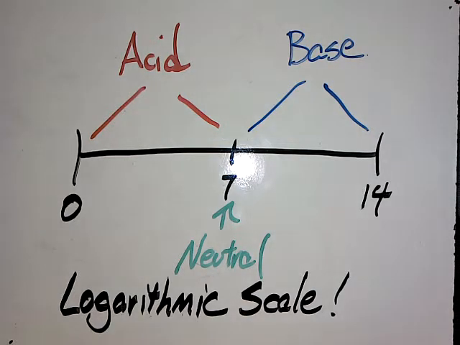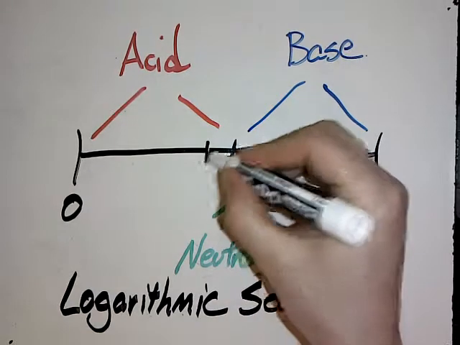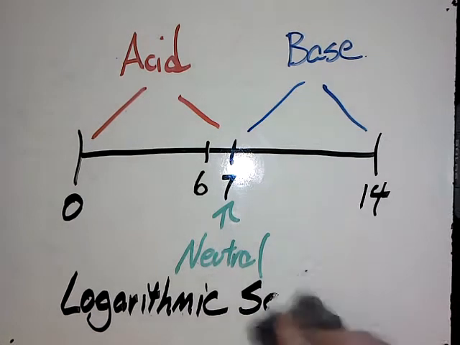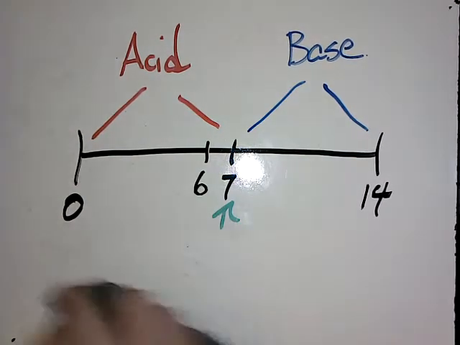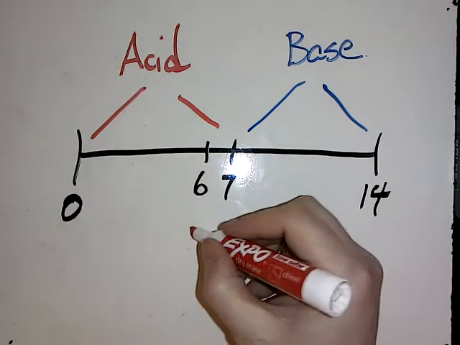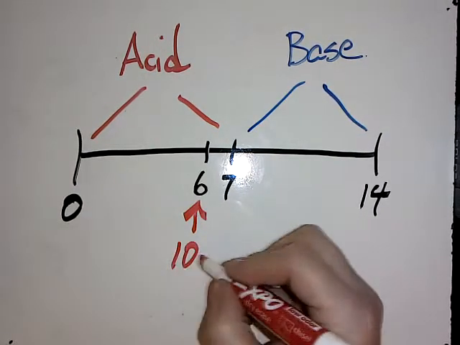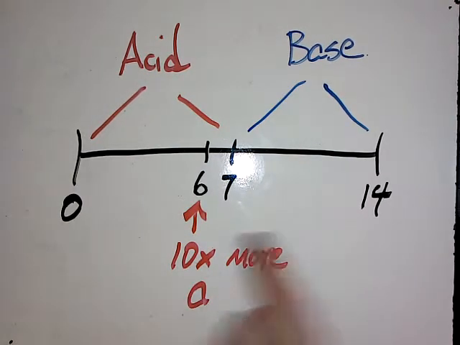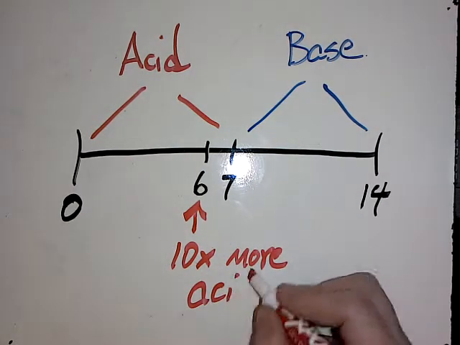In other words, if you have something which has a pH of 6, and you compare it to something which has a pH of 7, then the substance with a pH of 6 is going to be 10 times more acidic than the substance that has a pH of 7.